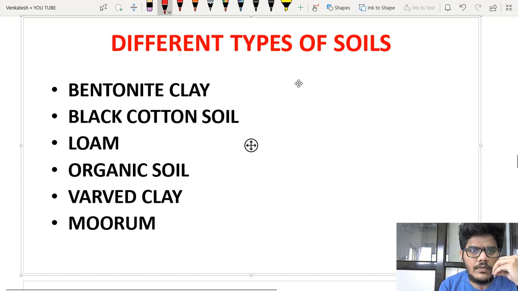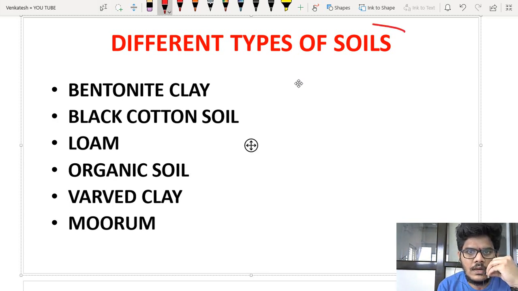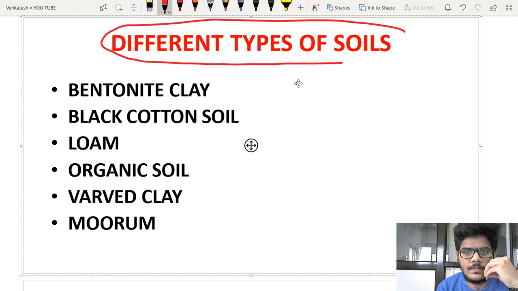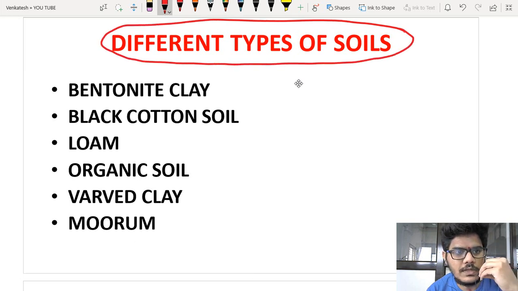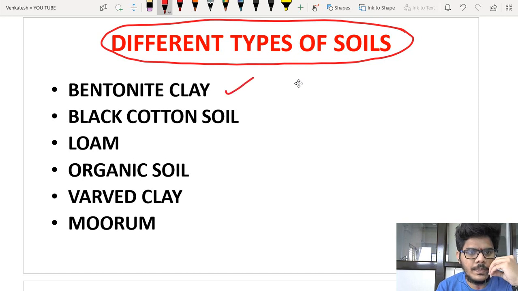So today we are going to discuss different types of soils. Some types of soils are there: bentonite clay, black cotton soil, loam, and organic soil, weirwood clay, as well as moram.